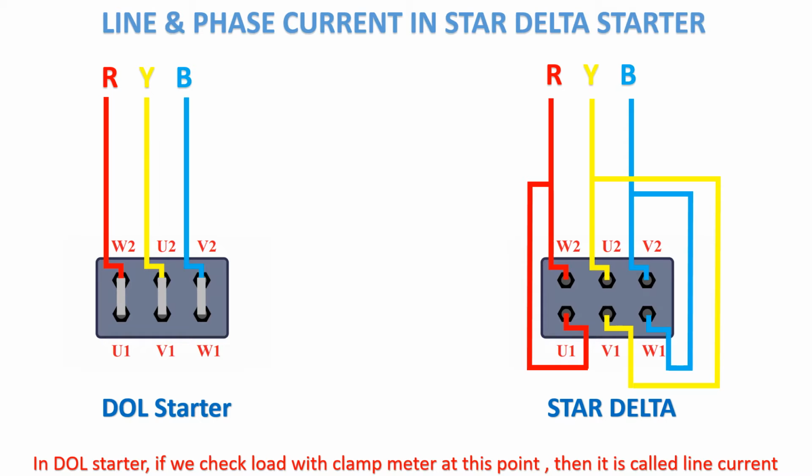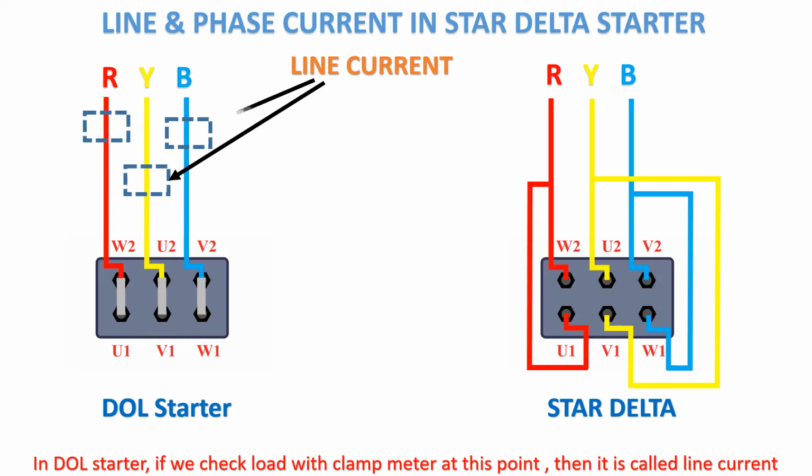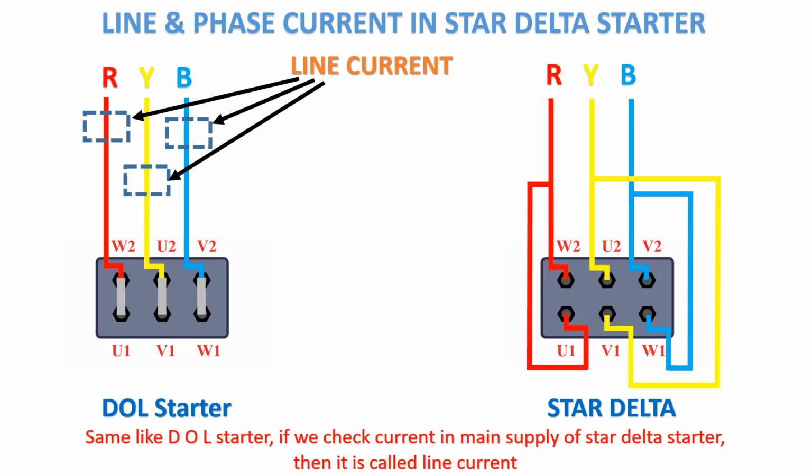In DOL starter, if we check load with a clamp meter at this point, then it is called line current. Same as DOL starter, if we check current in the main supply of star delta starter, then it is called line current.